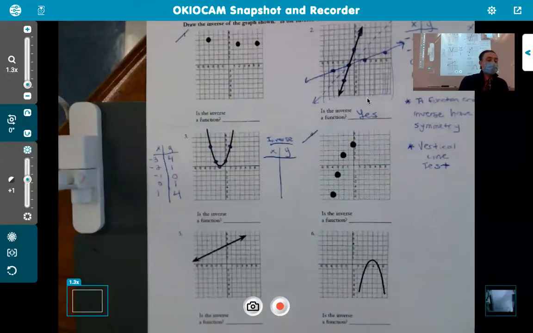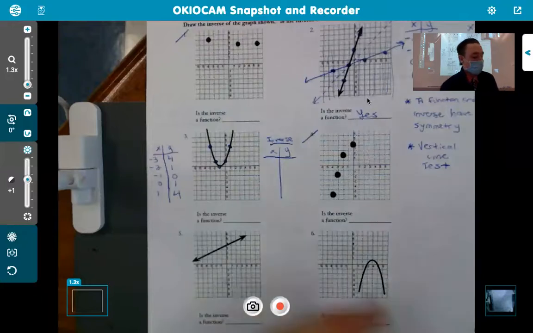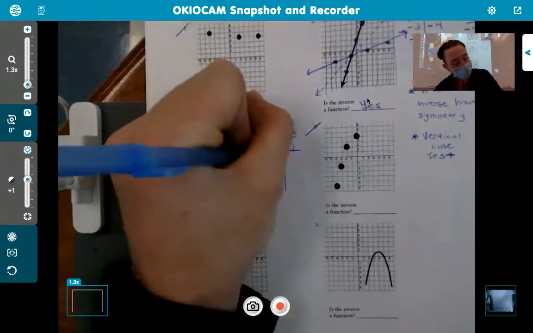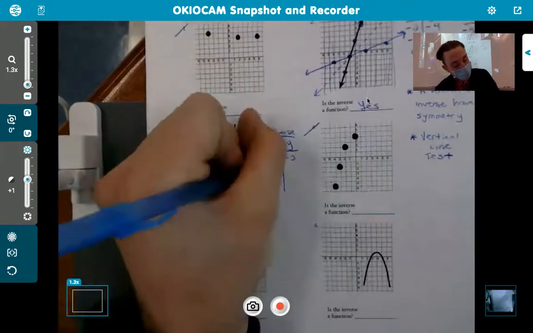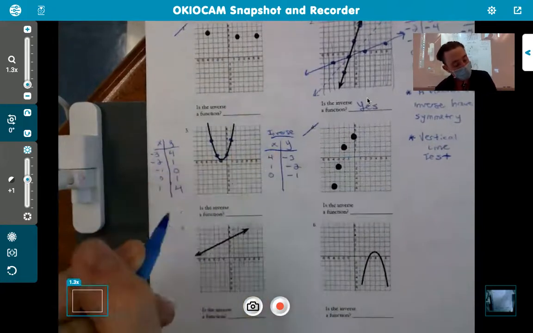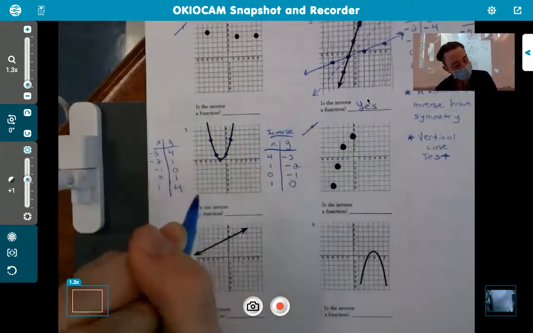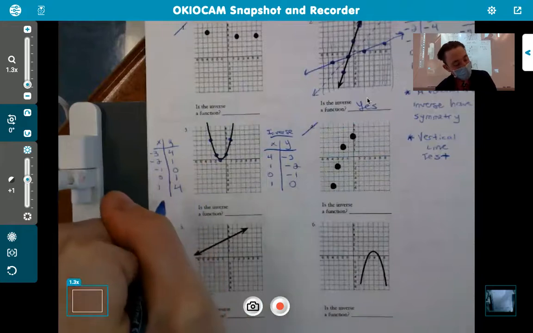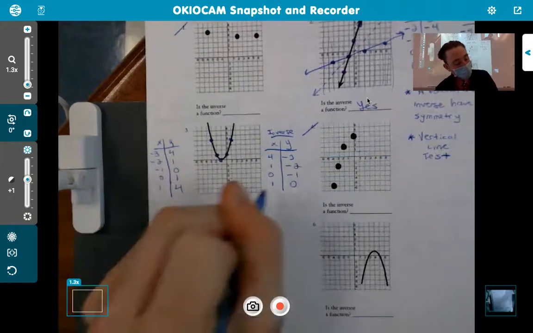What would be the coordinates of my inverse then? If those are the coordinates of my original function, what are the coordinates of the inverse of that graph? What's that? The opposite. So it would be 1, 0, and then 4, 1, right?